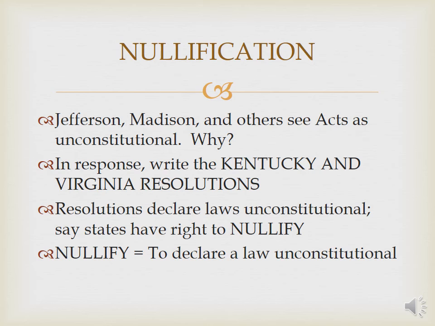These resolutions declare that those two laws are unconstitutional and that individual states have the right to nullify, which is what nullification means, to declare a law unconstitutional, which they did have a right to do because those two laws were, in fact, unconstitutional.